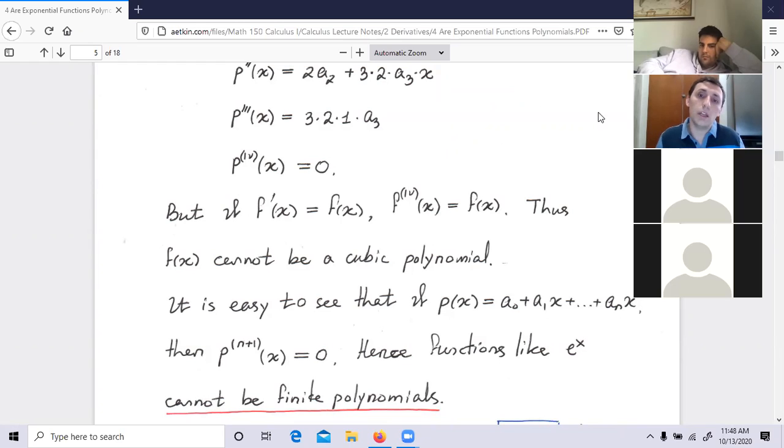But what if you really want to make e to the x a polynomial? In other words, you really like only using addition and multiplication, other operations you don't understand. What do you do? What's the leap of faith that you make?